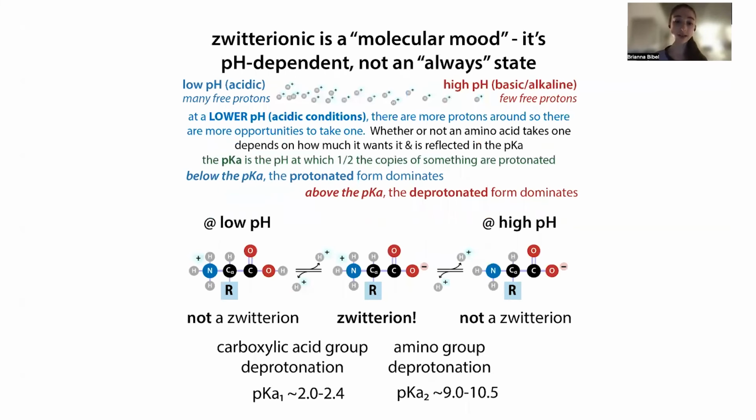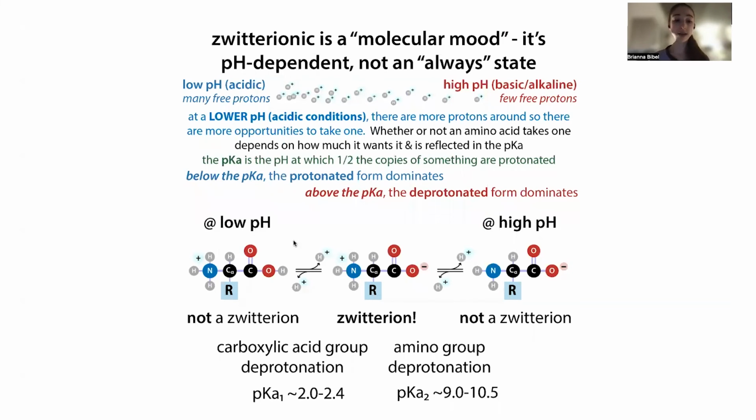Now, all amino acids are able to act as acids and bases because that amino group and that carboxyl group can serve as acids and bases. And so acids and bases are two sides of the same coin. If something acts as a base, it becomes its conjugate acid, and if it acts as an acid, it becomes its conjugate base. So you can both give and take, because once you've given, now you can take back.